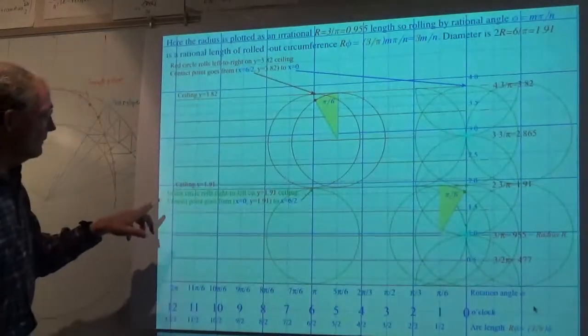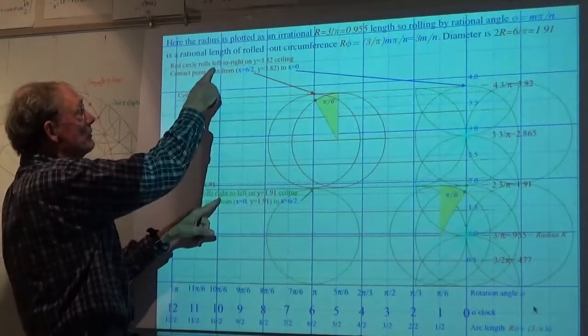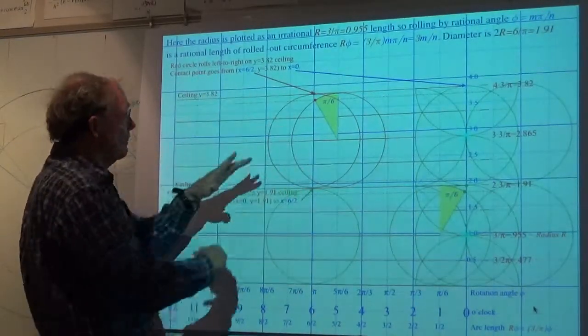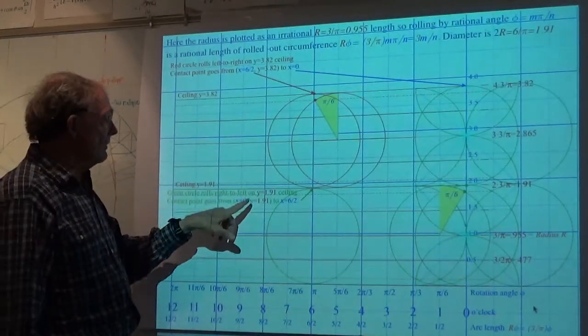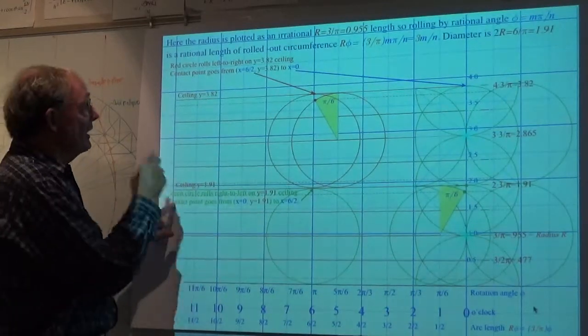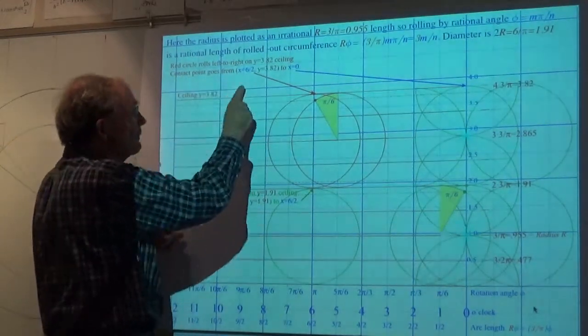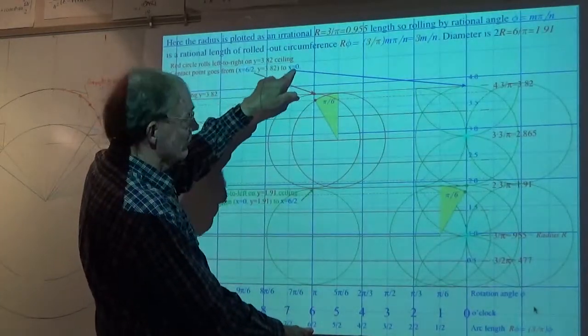Okay, and it's going to be rolling from the right to the left, opposed to this one. The two are going in opposite directions. Okay, and it's doing it on the 1.91 ceiling, and the contact point here goes from here, which is 6 over 2, down to 0.